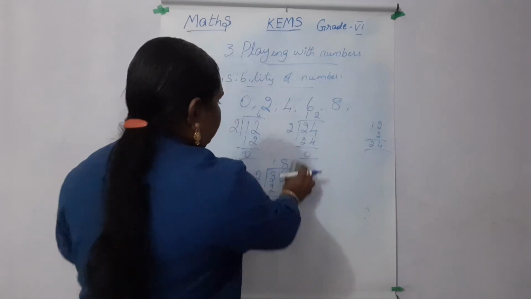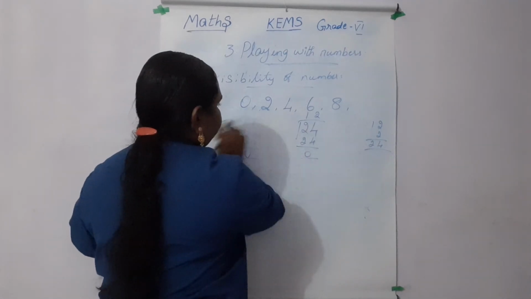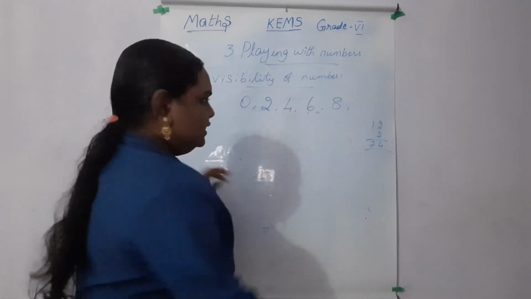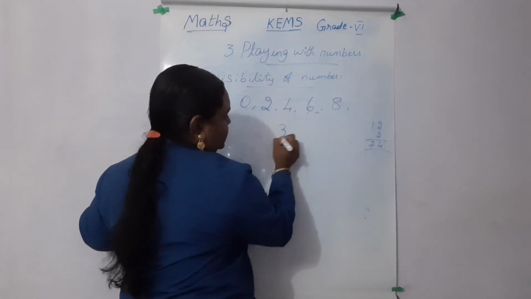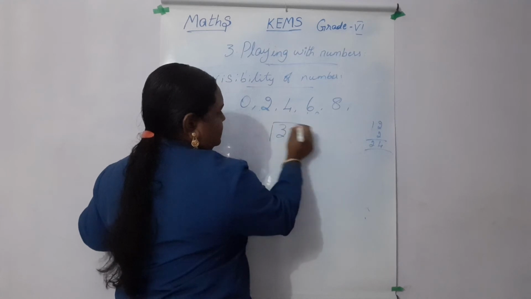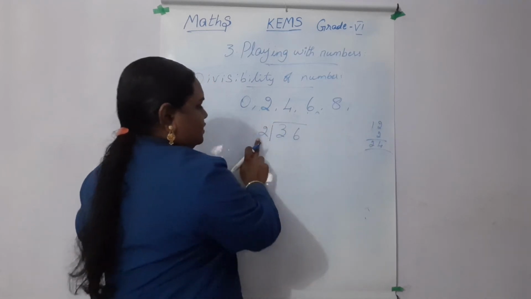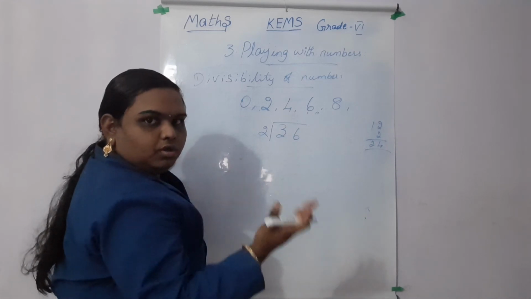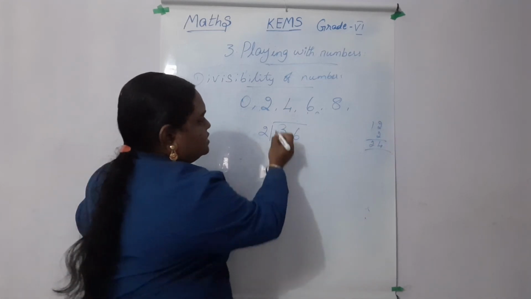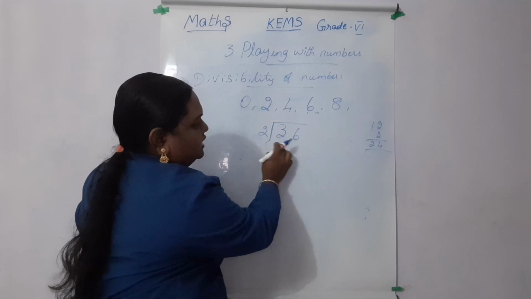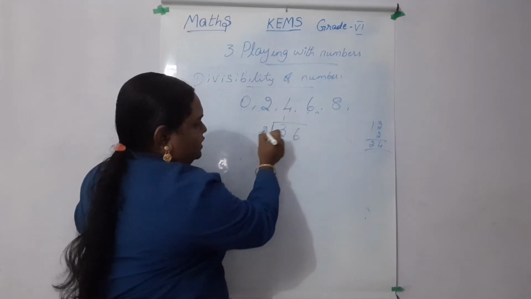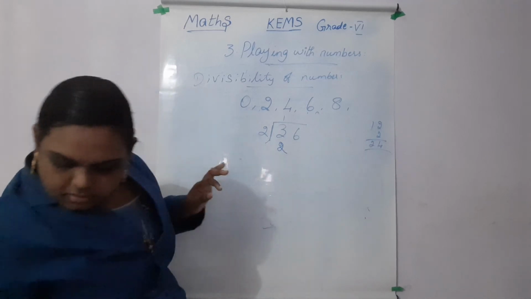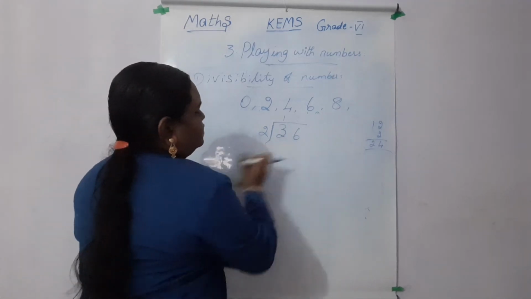Isn't it? I am explaining once again. If I am having these numbers, it is a divisibility by 2. So I am taking the number 36. I have to split these two numbers. You all know how to divide the numbers. So, I am taking the first number 3. 1 2 is 2.